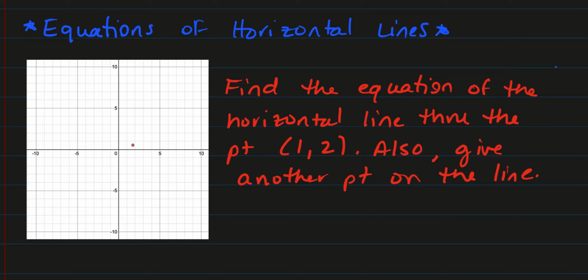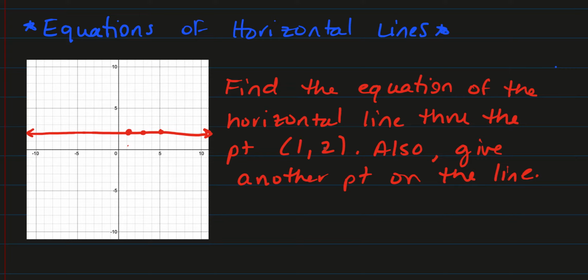Here, let me draw this line. So we're going to go through the point 1, 2 right here. And we want it to be a horizontal line, so it's going to look like this. You can see that for any point on this line, the y-coordinate is fixed, but the x-coordinate varies.